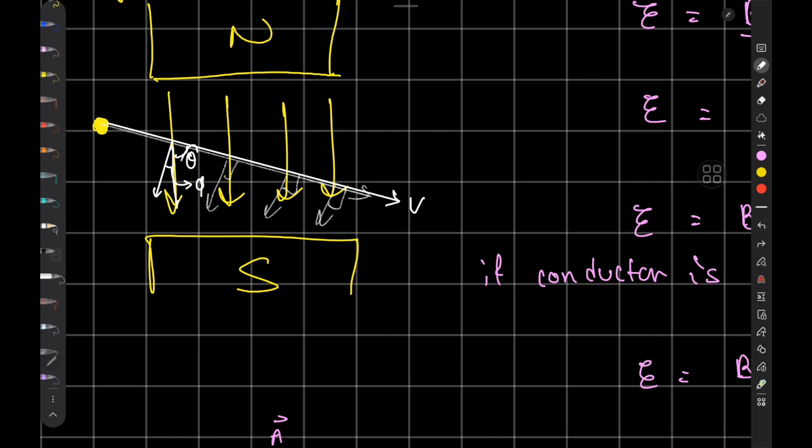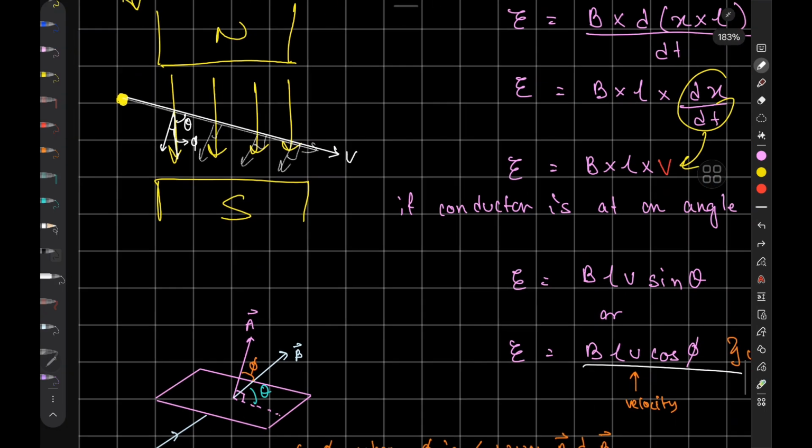When you're taking this theta, you need to do sine of this theta to get the normal component. If you do cos of this theta, you get the component of the magnetic field parallel to the velocity, which we don't want at all. We care about the component perpendicular to the motion.